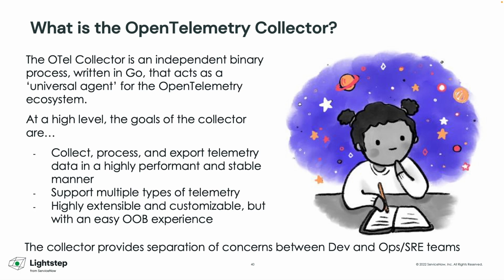At the end, the collector also provides a separation of concerns between the developers and the Ops SRE team, because developers will just have to send their telemetry data to a collector located most of the time on the same network as their application, and the Ops and SRE team will define the collector exporters and transformation based on the company policies and the company backends.